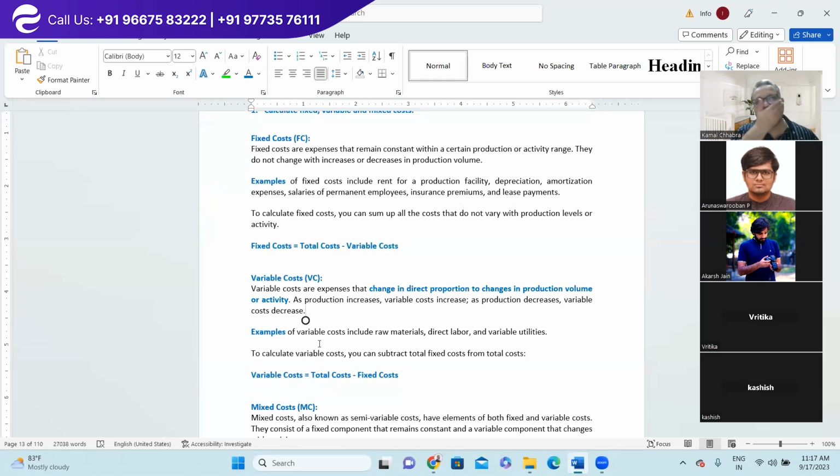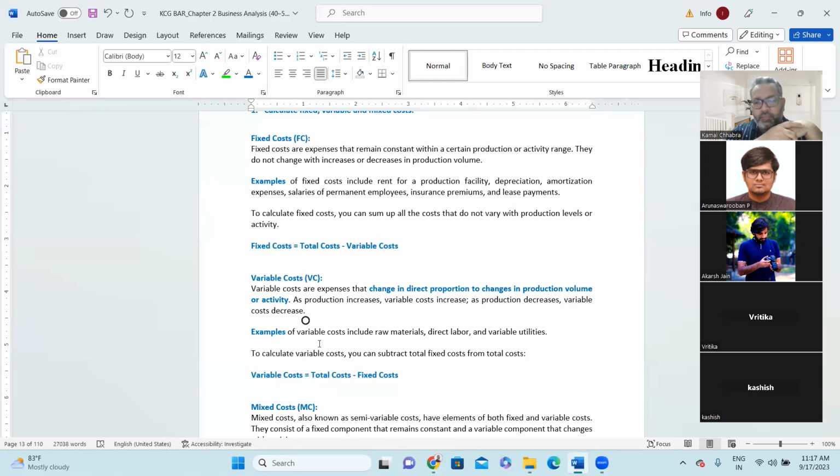It depends. Yes, it can't be generalized. It depends on the situation. Electricity units sometimes. But mainly labor or material. Direct labor and direct material. Direct labor and material, right? Right, Vartika, Kashish. Arun, would you like to add anything?